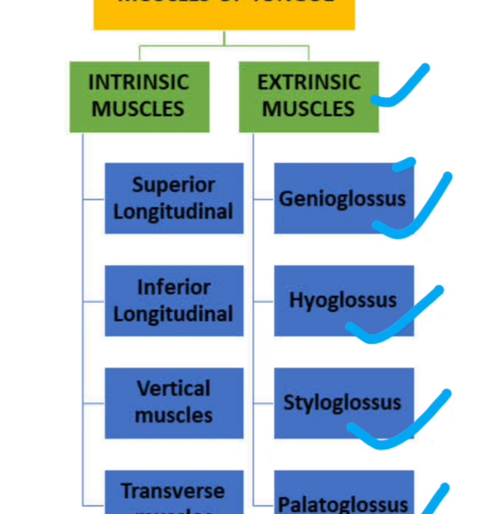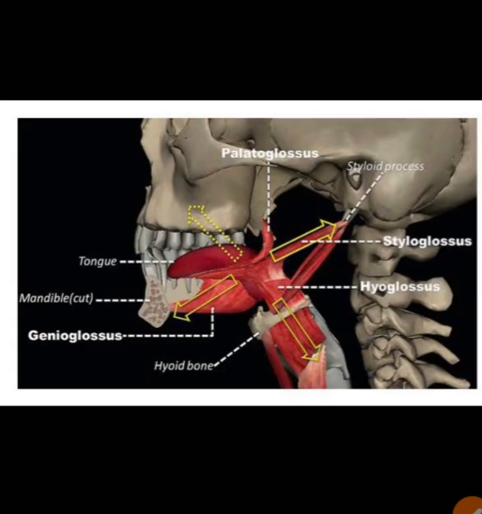Okay, we can see with the help of the diagram. So this is the diagram. The first muscle is the genioglossus muscle. This is our tongue. This tongue is attached to the mandible. You can see in the diagram where the mandible is.